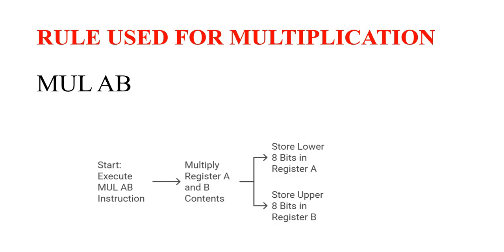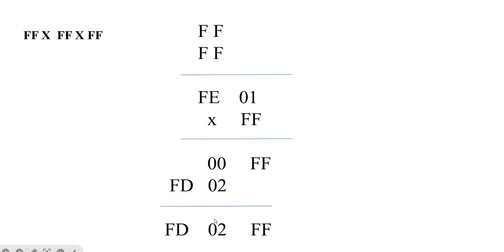And when we are adding the middle numbers, we always have a chance to get a carry. Whenever we add the results of these two multiplications, there is always a chance of getting a carry in the middle one, and that carry has to be added to the result to get the final result.